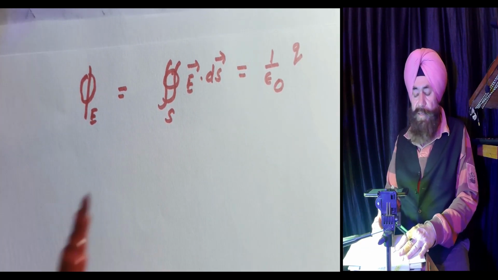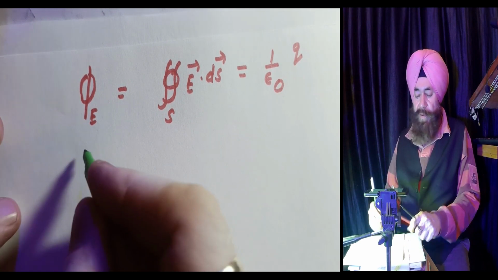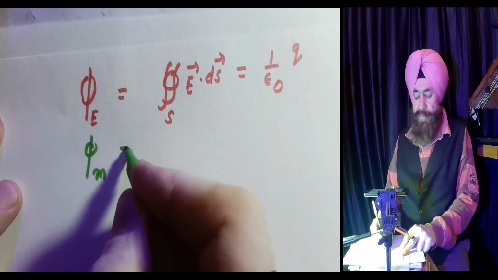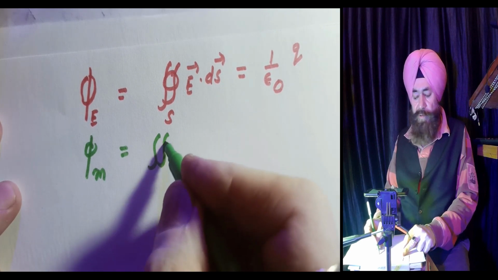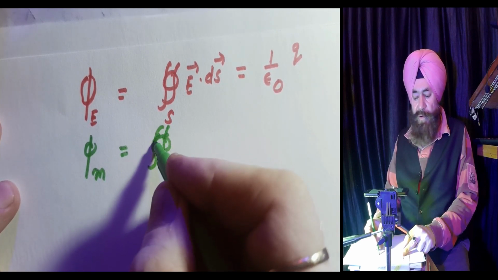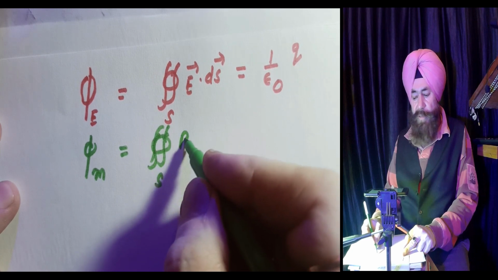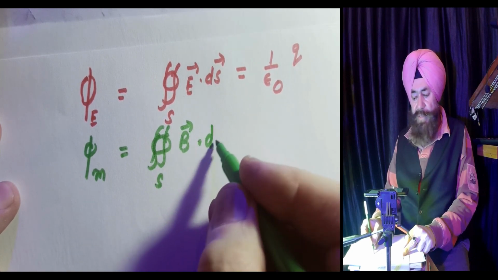Now in magnetism, the magnetic flux through any closed surface is written as B dot ds.